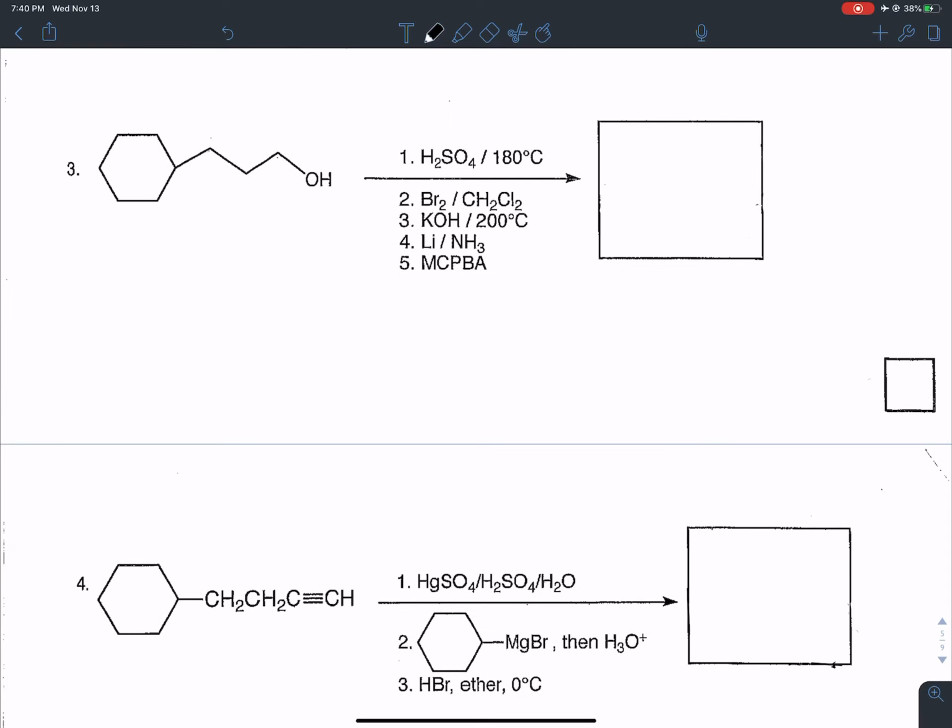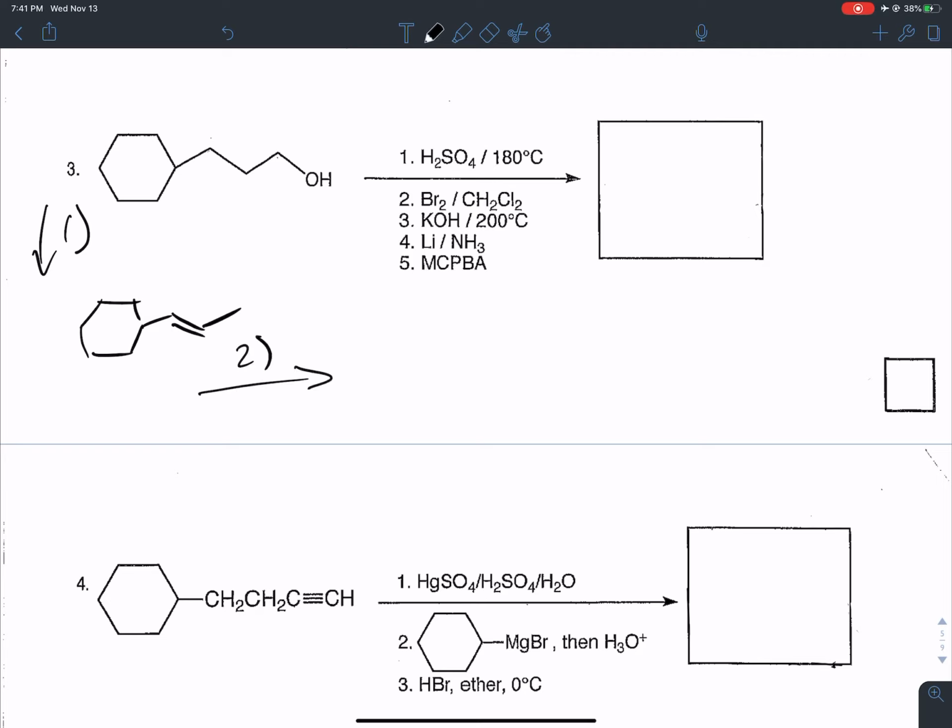We just said, is it going to make a terminal or internal alkene? Internal. So this is going to rearrange. You're not going to have your double bond here. It's going to go one further. It's going to rearrange to be internal, the more stable alkene. Awesome.